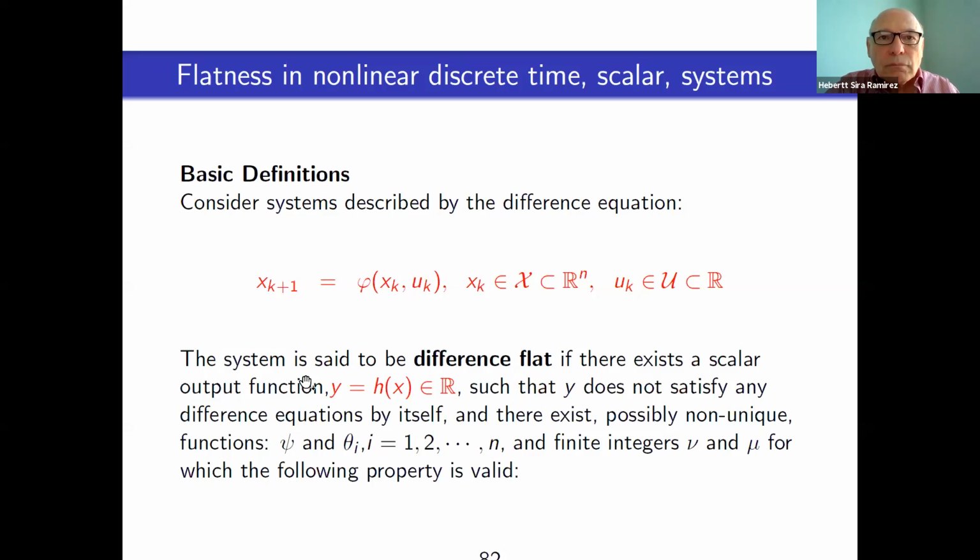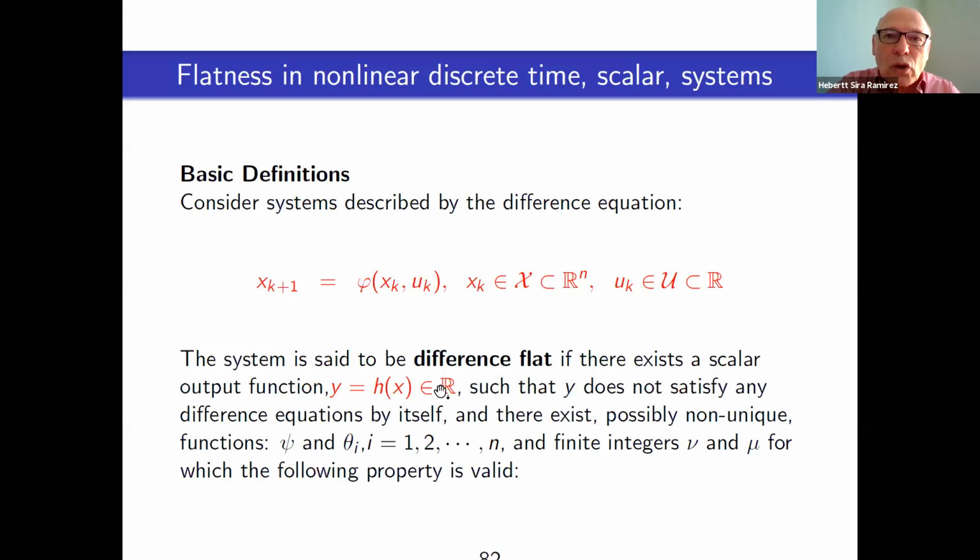So we have an output which is independent. This output does not satisfy difference equations by itself. This is a special output that is not autonomous. What we understand by autonomous in nonlinear systems is some state or some nonlinear part of the system, or a function of the state, that will never depend on the control input, no matter what you do with it, if you take derivatives or you take advances, you will never find the control input.